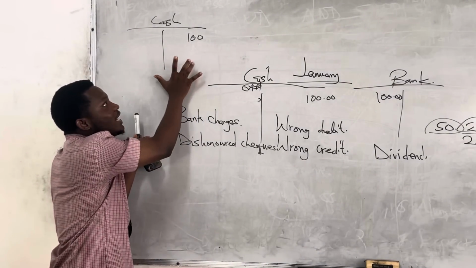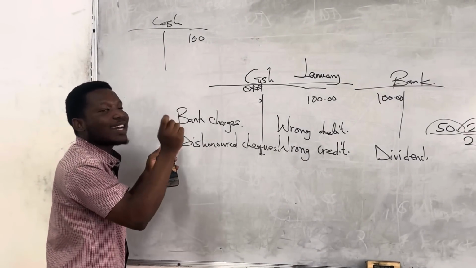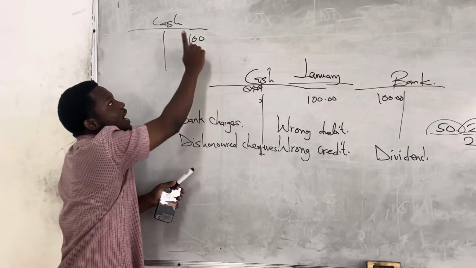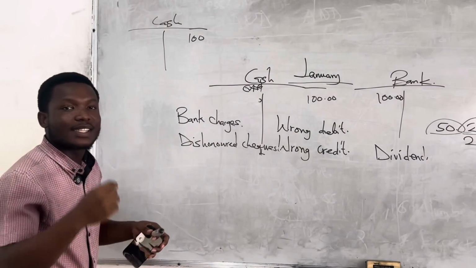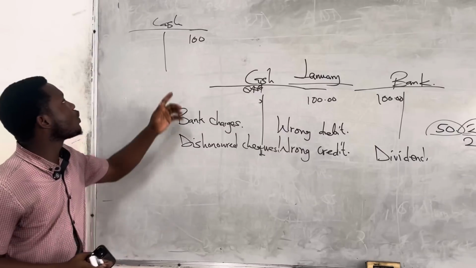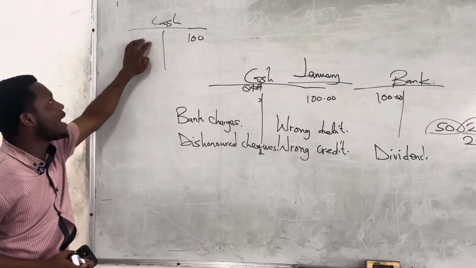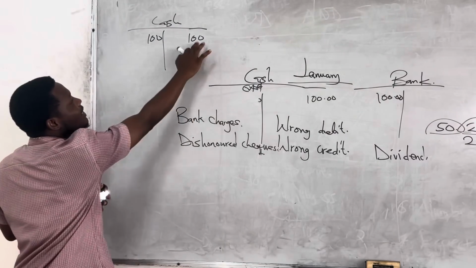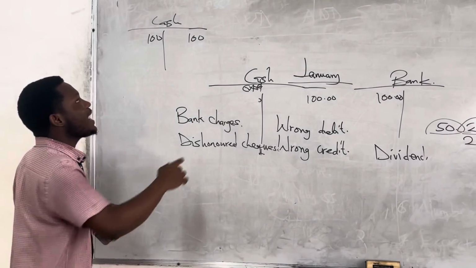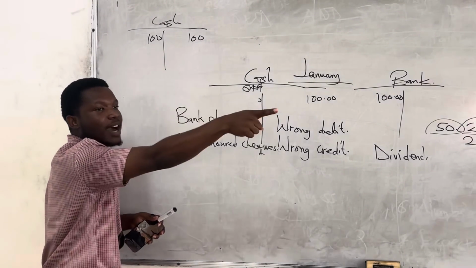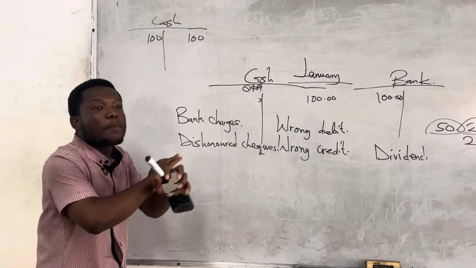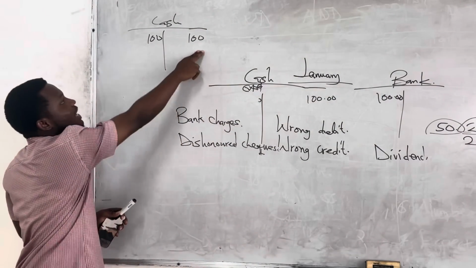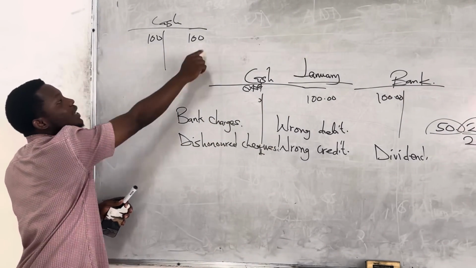The reason I recorded this is to show evidence that I have paid my suppliers 100 cedis. So if it's dishonored, I have to come and debit my cash account with 100 cedis to cancel this. Because right now I said I have paid, and the person went to the bank and didn't get paid, so it means I have not paid at all.